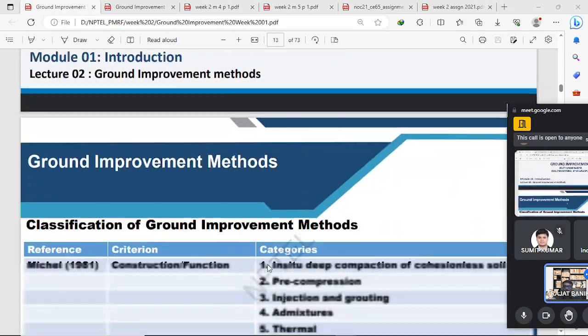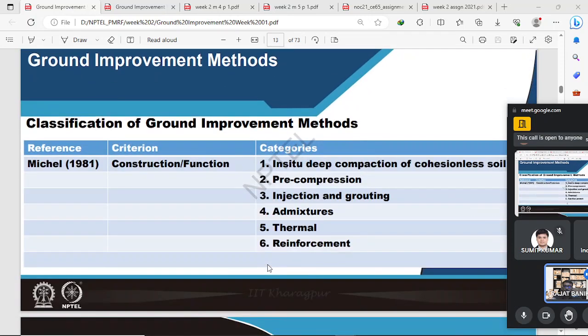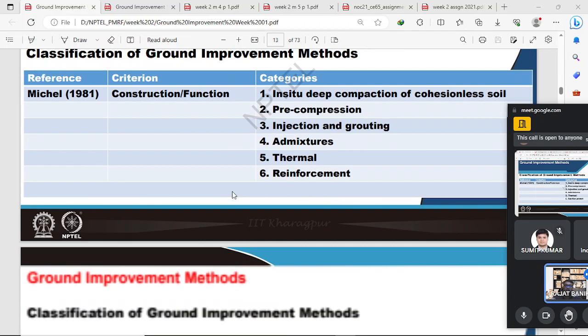Then in module 1, lecture 2, we studied the classification of different types of ground improvement methods. Different scientists or authors give different ground improvement techniques based on different criteria. Mitchell gives six types of ground improvement techniques based on construction and function criteria, like in situ compaction, pre-compaction, injection, and so on.